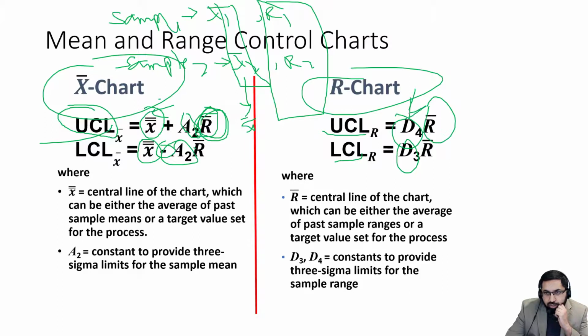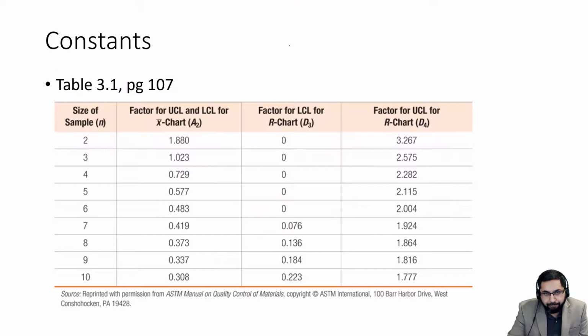These constants you can look up in a table based on the sample size of the sample that you're using to compute the X bar and the R values. So here is the table which gives you the values of the constants A2, D3, and D4.